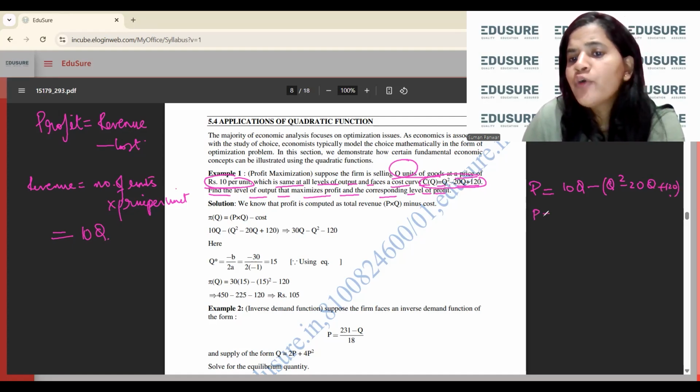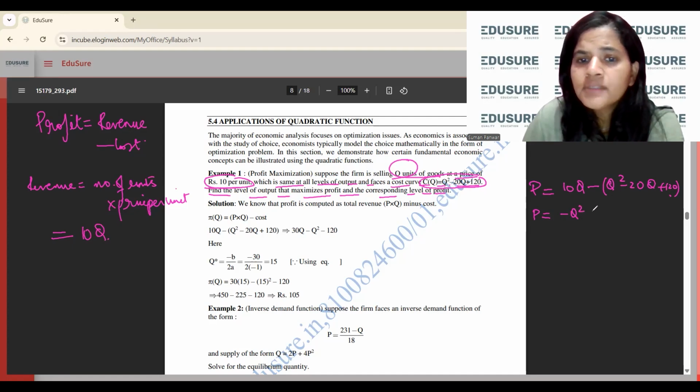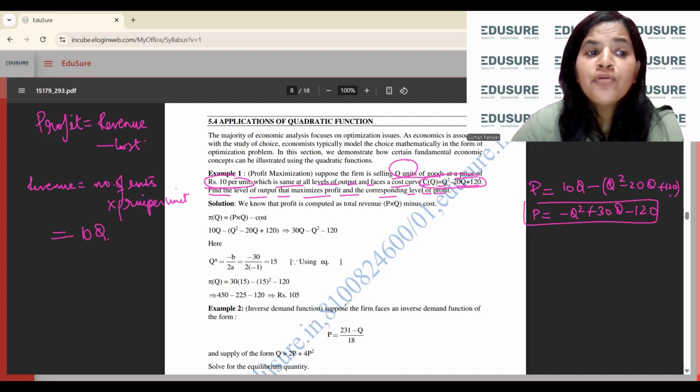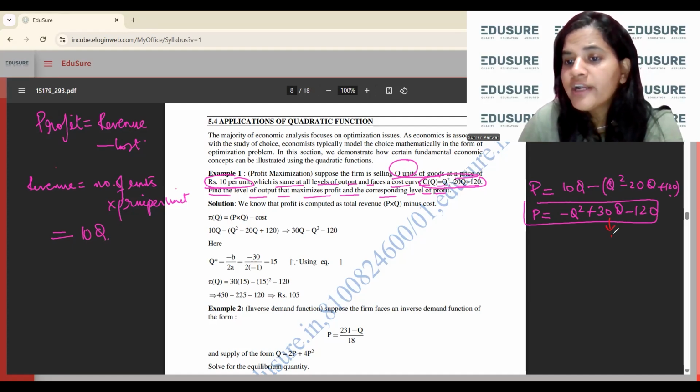So this is going to be P, and this is going to be minus q square plus 30q minus 120. So you can realize that here in this case, my profit function is a quadratic function.